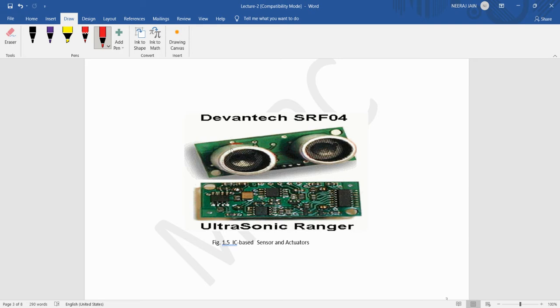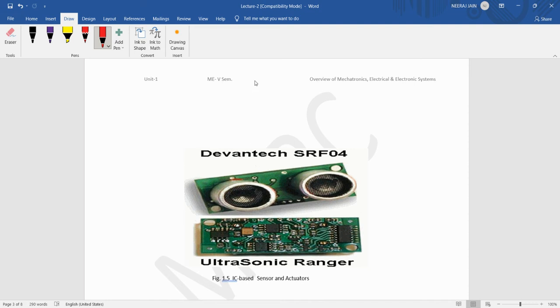Now some sensors and actuators come in the category of electronics, like the transmitter and receiver that can be used to find out the distance.